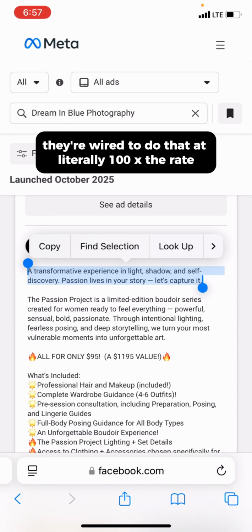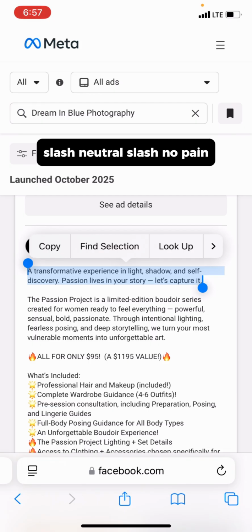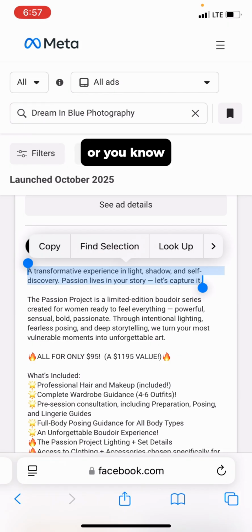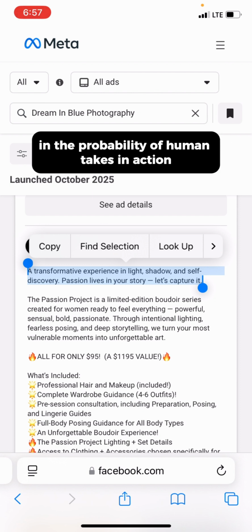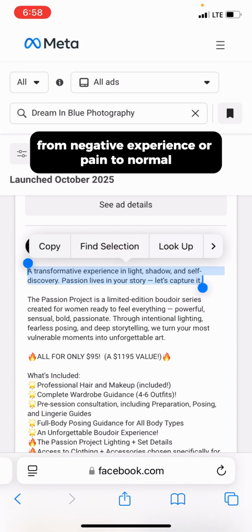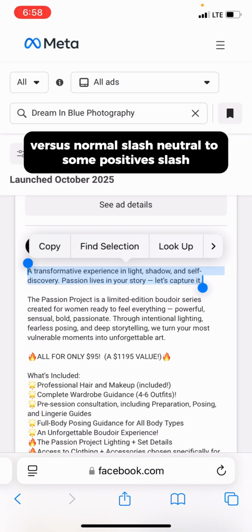They're wired to do that at literally 100x the rate compared to that same human moving from a normal / neutral / no pain / homeostasis state to some state of gain or state of positive, state of pleasure. There's literally 100x difference in the probability the human takes an action between those two, from negative experience or pain to normal / neutral versus normal / neutral to some positive / some gain.